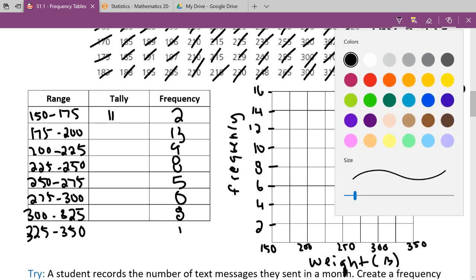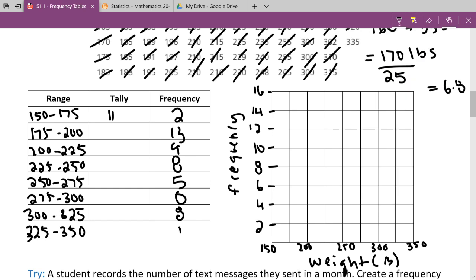So here, between 150 and 175, we had 2. Between 175 and 200, right, this one got us all the way up to 13. So I'm going to go halfway between the 12 and the 14 for my height. 200 to 225.